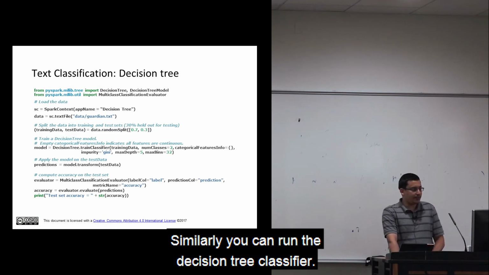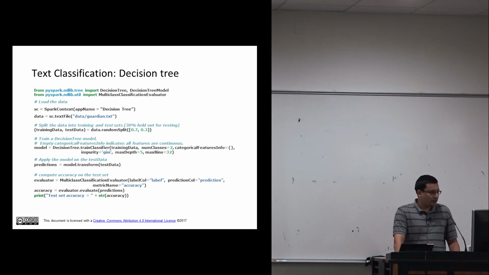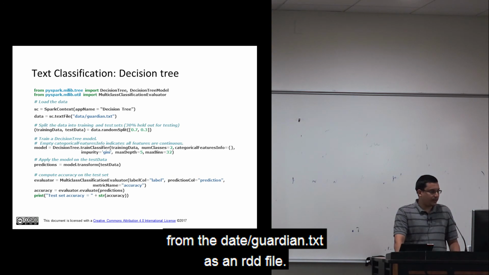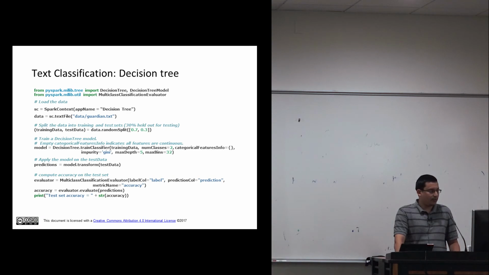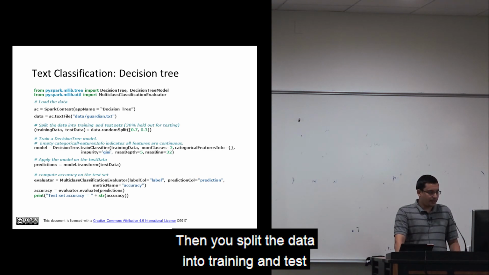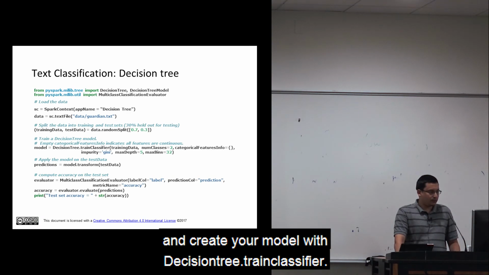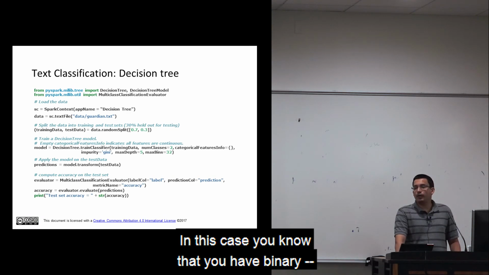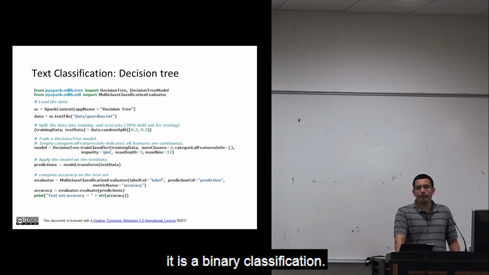Similarly, you can run the decision tree classifier. Again, you load the data from data/guardian.txt as an RDD. Then you split the data into training and test and create your model with DecisionTree.trainClassifier. You hand over the train data. In this case, you know that it is a binary classification.